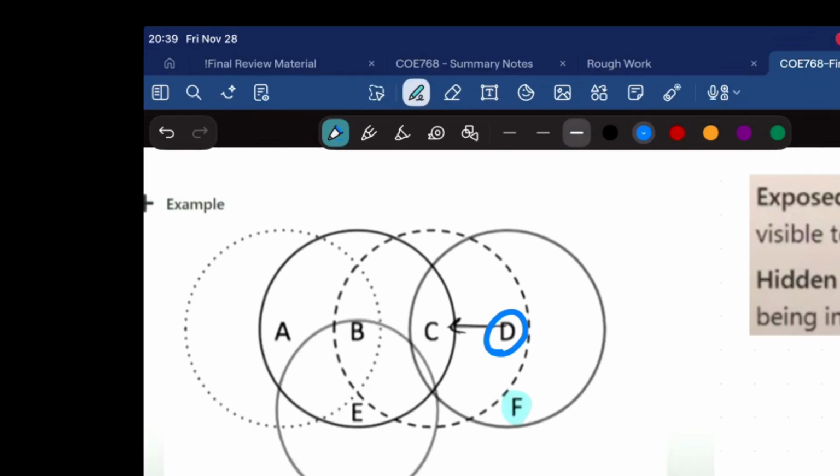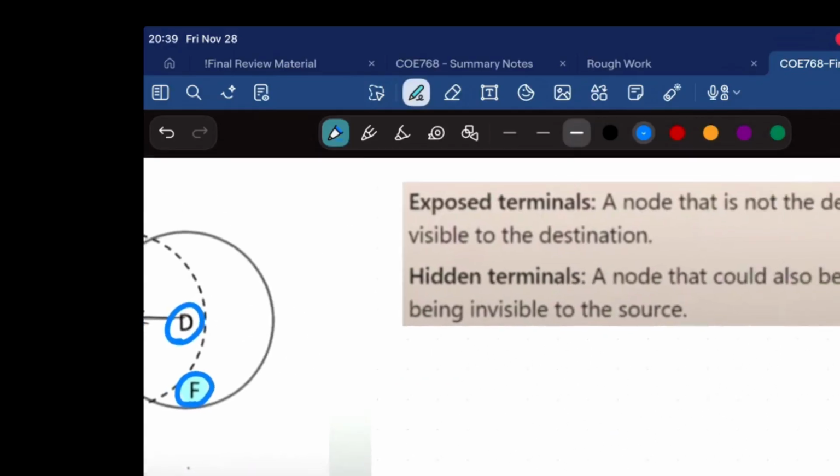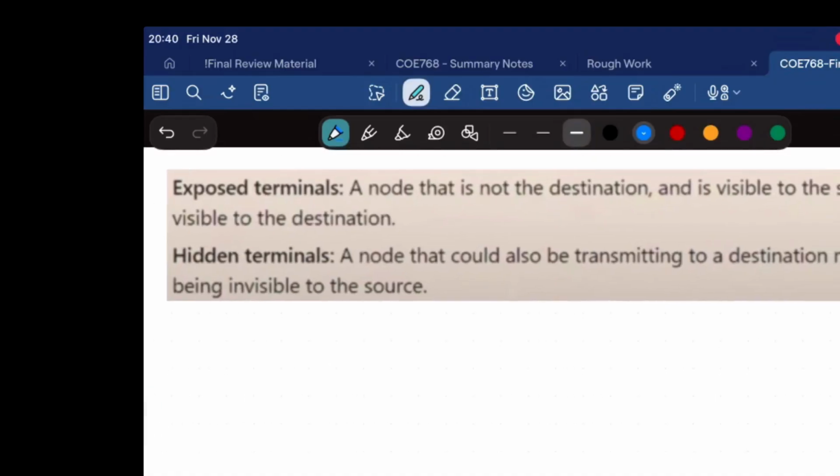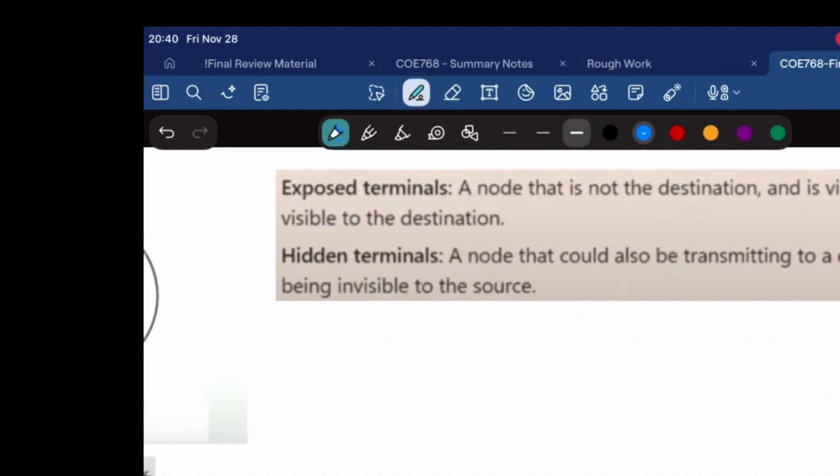So the difference between hidden and exposed is this: imagine you put yourself in the shoes of D. Any of the nodes that you can physically see, like you can see that they're there, are going to be your exposed terminals that you can freely communicate with. And a hidden terminal, I'll read you the definition as well so it's more clear: a node that could be transmitting to a destination node while being invisible to the source.